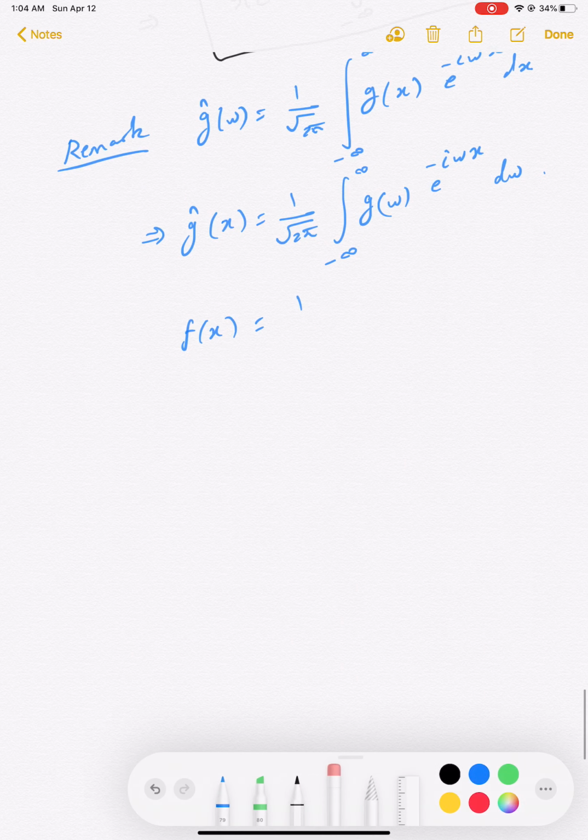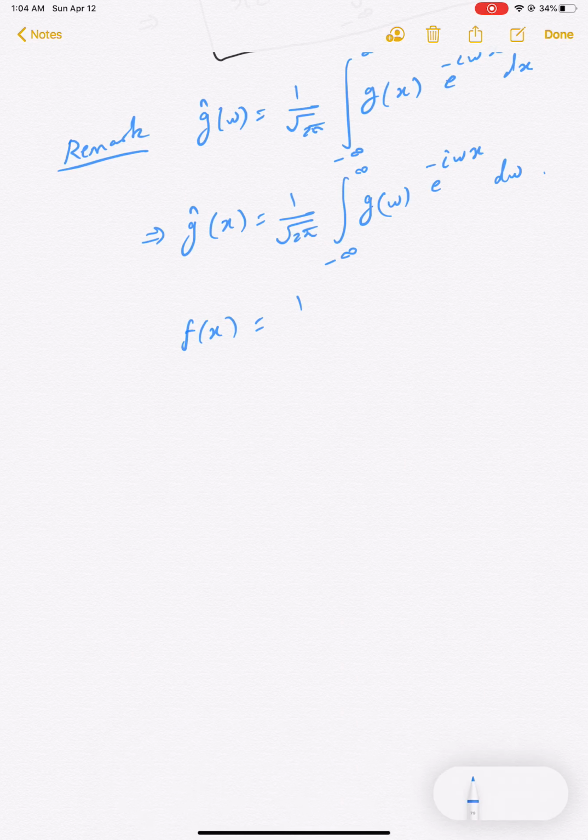So this will be equal to 1 over root 2 pi integral from negative infinity to infinity. Again, what is the inversion formula saying? f hat of omega e to the i omega x d omega, right?